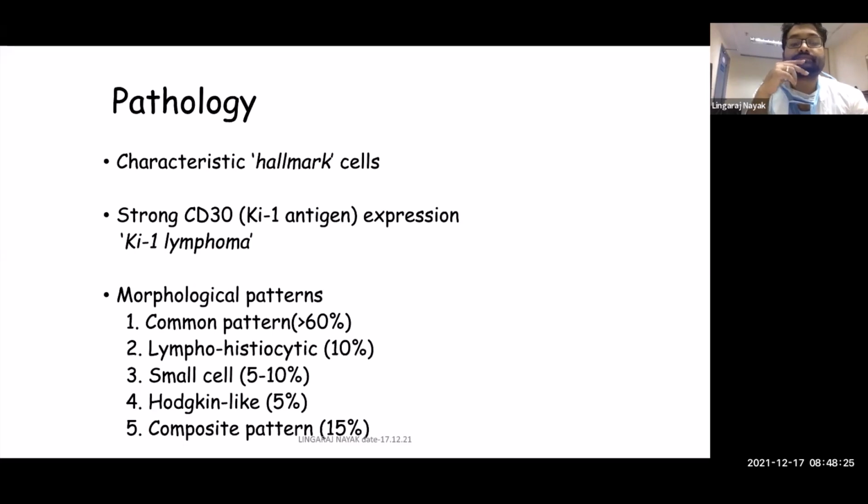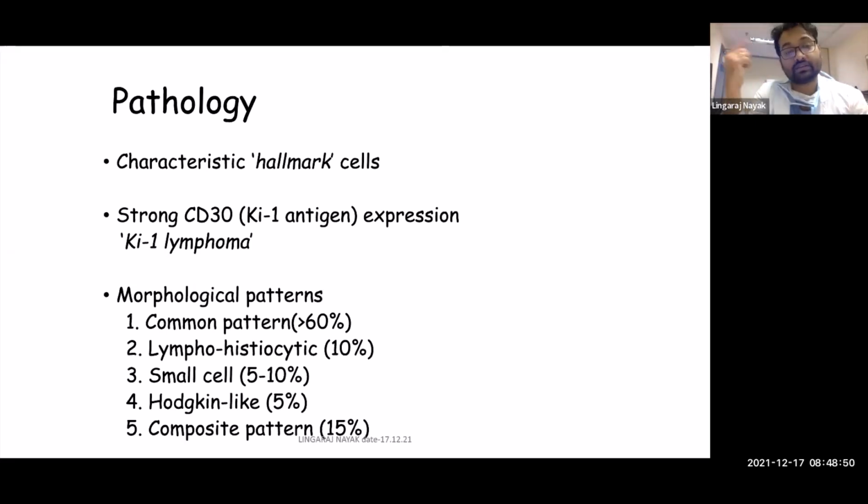So as I said, characteristic hallmark cells and strong CD30 expression. And CD30 is also called Ki-1 antigen. And initially, anaplastic lymphomas were termed as Ki-1 lymphomas, and this is based on the Ki-1 antibody that was used against CD30. That's why these lymphomas are called that.